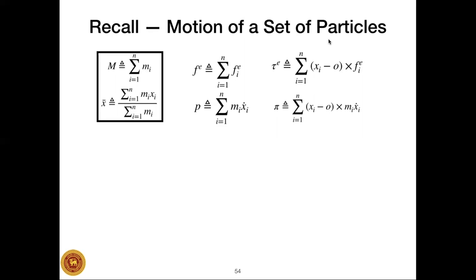in the universe. So if I denote by F_i^E the interaction that the ith particle in our system feels due to its interaction with the rest of the particles in the universe, and if I represent the position of that particle by x_i in terms of a reference frame, we get that the total momentum acting on the particle is given by this, and the total resultant of the external forces acting on the set of interacting particles is given by this, the summation of all the forces acting on the particles.